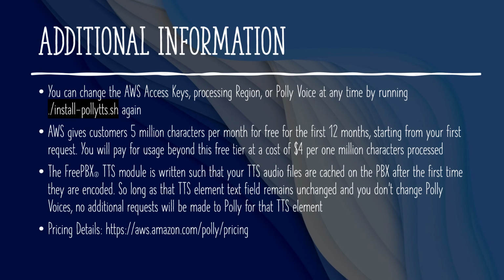You will pay for usage beyond this free tier at a cost of $4 per 1 million characters processed. The FreePBX TTS module is written such that your TTS audio files are cached on the PBX after the first time they are encoded. So long as that TTS element text field remains unchanged and you don't change Polly voices, no additional requests will be made to Polly for that TTS element.